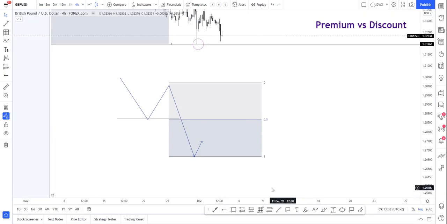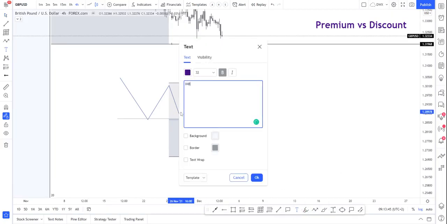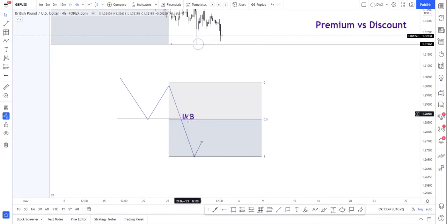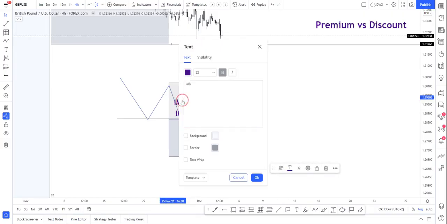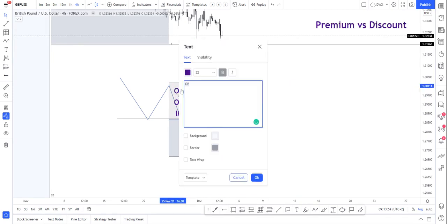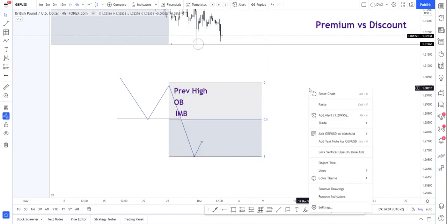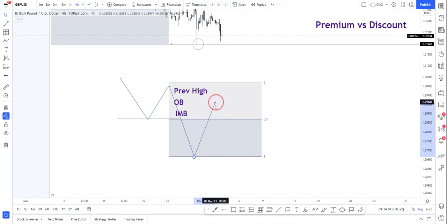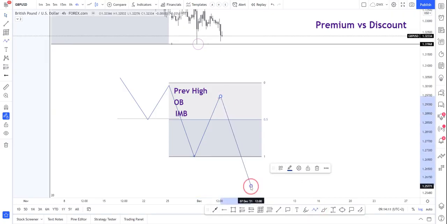And then remember, with the examples in the bootcamp that you'll still be watching, we're looking at the imbalance, we're looking at a block, we're looking at, in this case, a previous high. Those are the things that we're looking for. So now I'm looking for one of these areas, or a combination of them, for price to return into, react off of, and then continue further towards the downside.